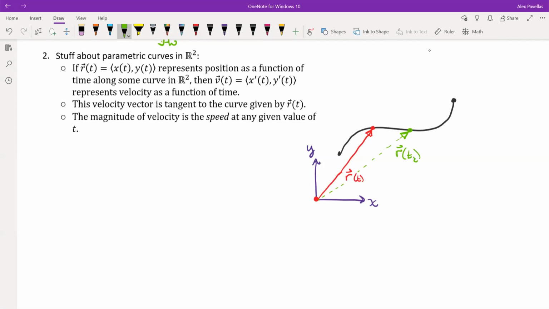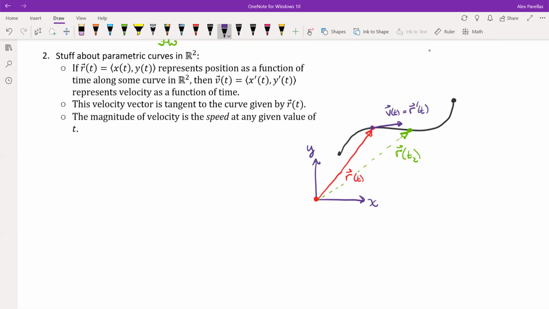And in the limit as these two things approach each other, you get a little tangent vector. So we get a velocity vector at a particular time that would point tangent to the curve. So this is v of t equals r prime of t.